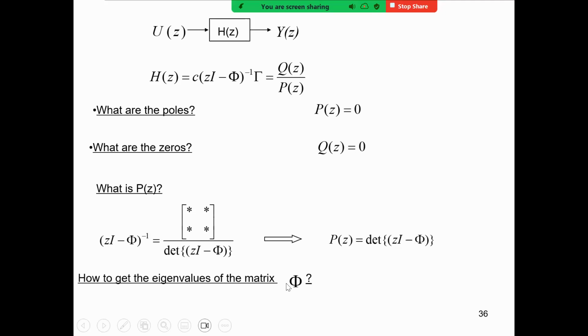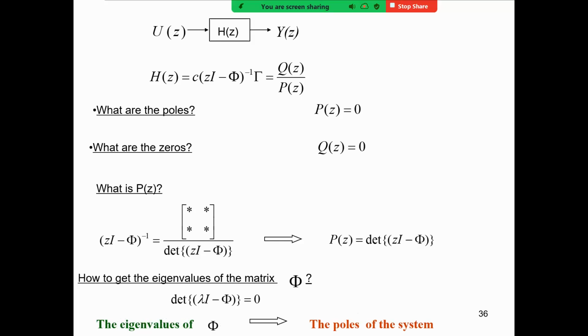Now, how do we get the eigenvalues of the matrix phi? The eigenvalues of the matrix phi are also given by the determinant of lambda I minus phi. You compare this one, and actually, we can say the eigenvalues of the matrix phi are the poles of the system. Any questions?